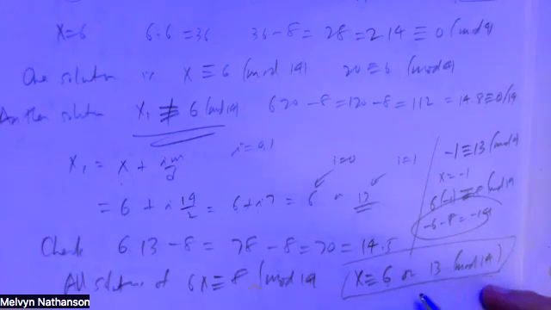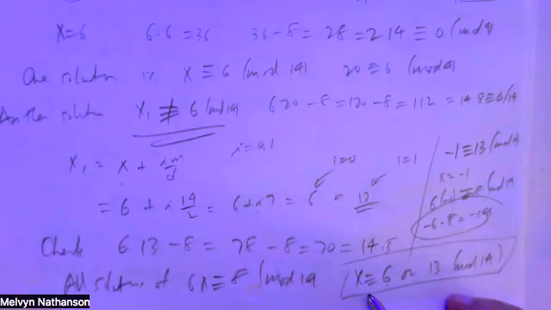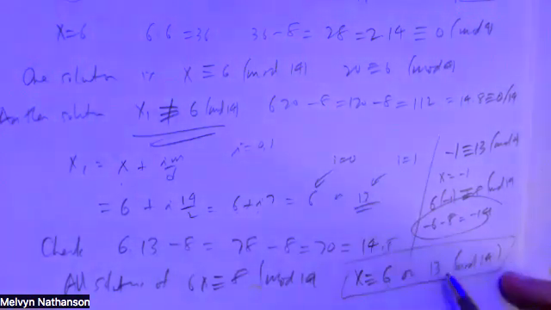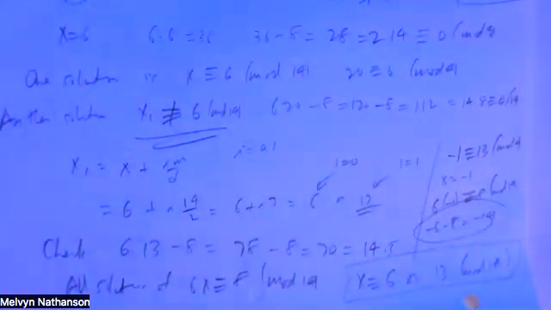That's just another way to write the solution. So any x congruent to 6 or 13, which is the same as any x congruent to 6 or minus 1 mod 14, is a solution. So there are infinitely many different integers that are solutions, but they all fall into exactly 2 congruence classes.